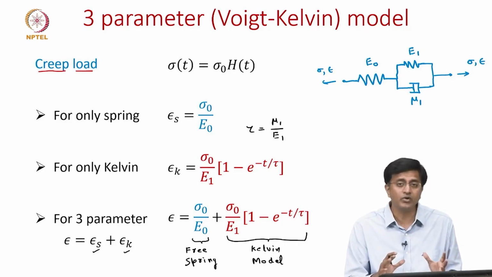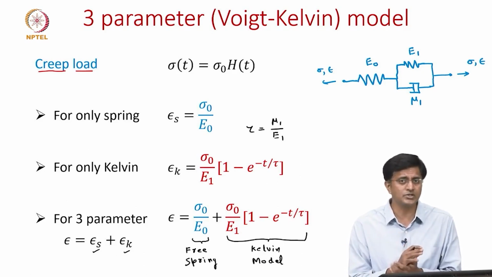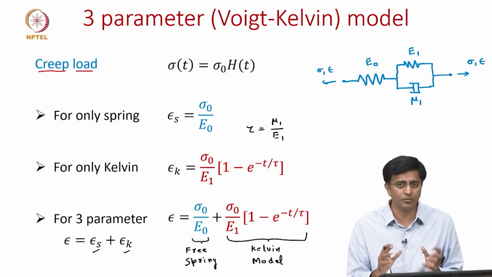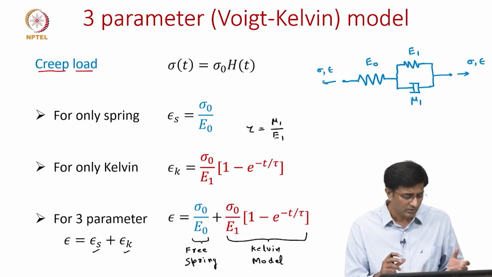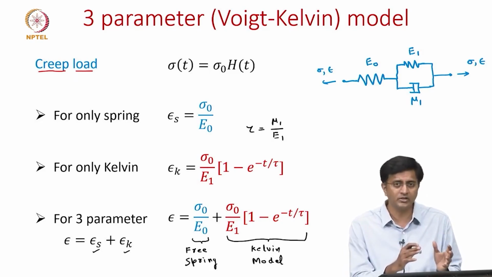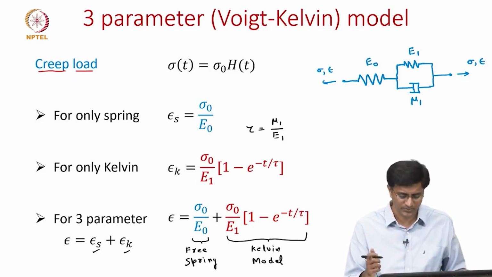So, to summarize, what we have seen here is, instead of solving the differential equations to get the creep response, we have invoked superposition, where we said the strain is written as a superposition of the free spring creep response and the Kelvin model creep response.